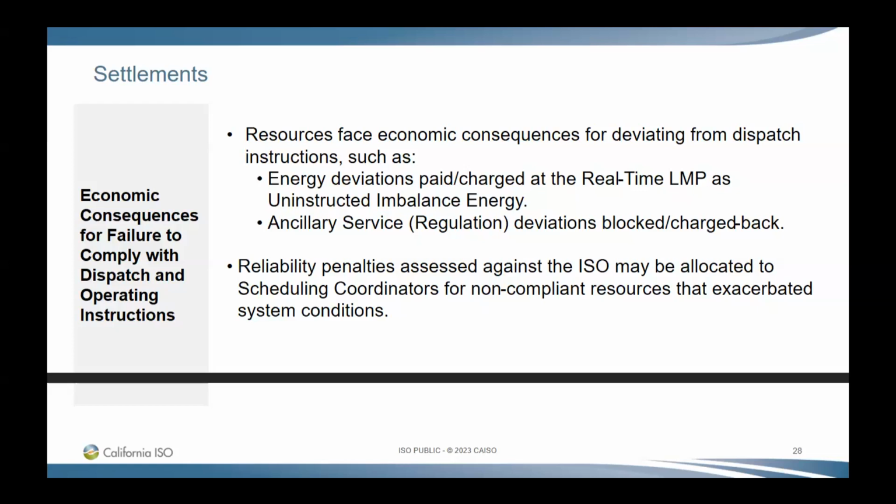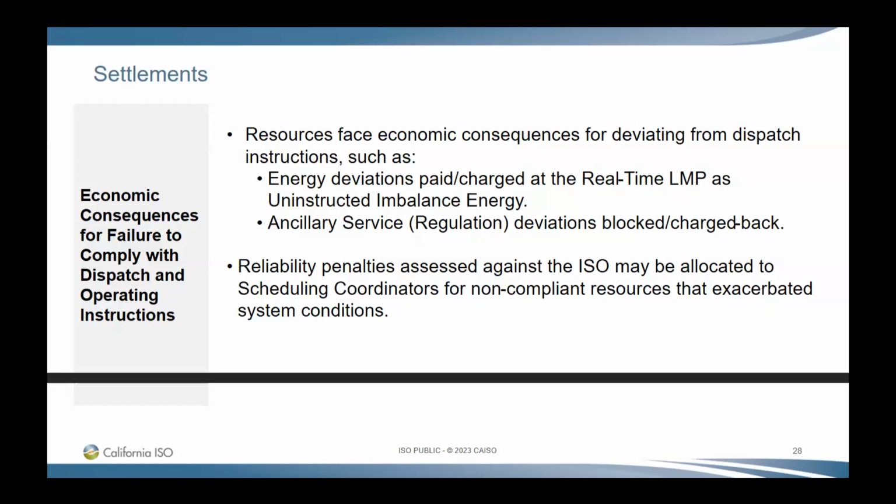So it could be quite expensive if you got a really good price in the day ahead and then you deviated in uninstructed. We're going to look at that real-time LMP. If that price is quite a bit higher, that could be quite a hefty charge that you're going to see back through that charge code.